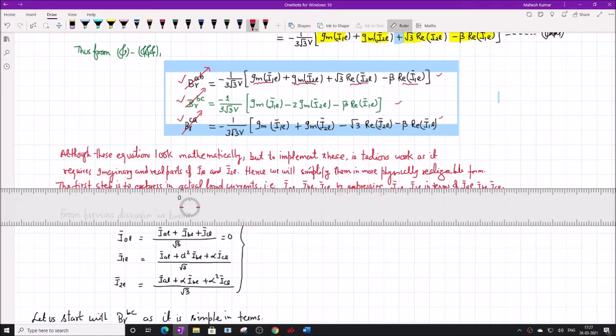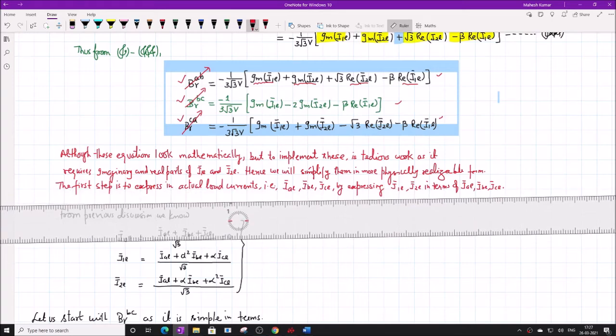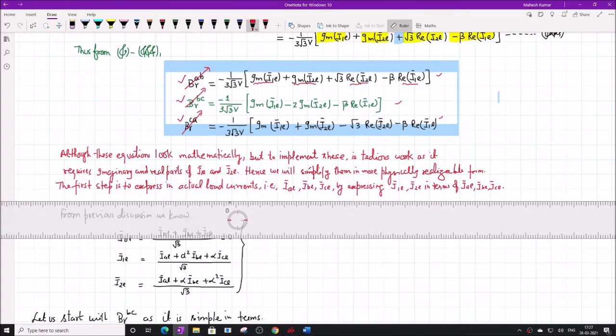So we see that these susceptances, although theoretically they can be computed, are not in a realizable form. That means if you implement these in an actual system, it is difficult. Why?